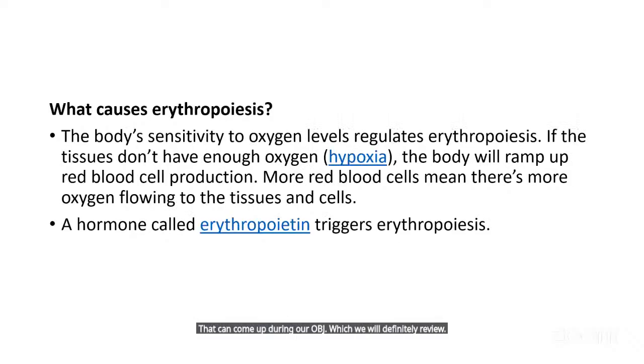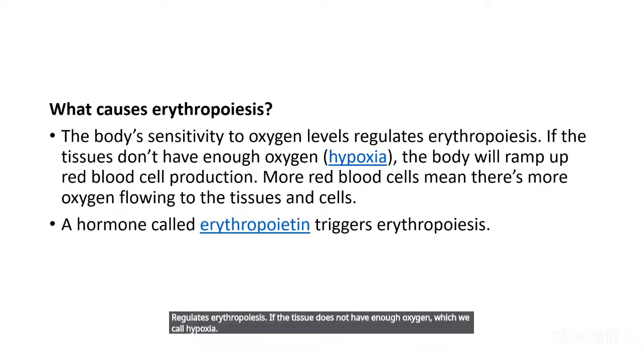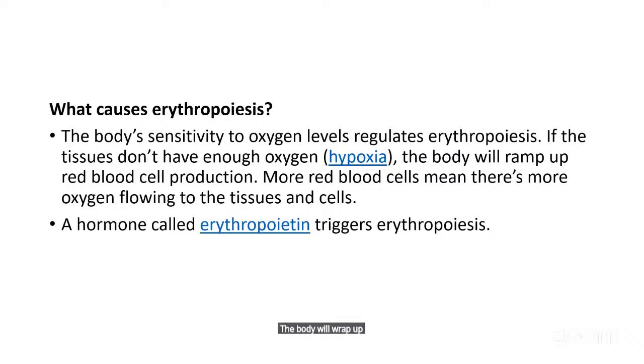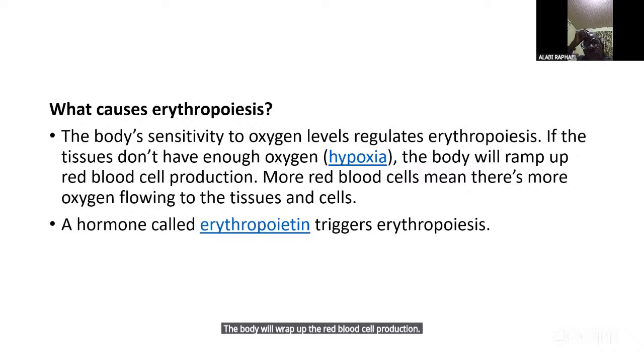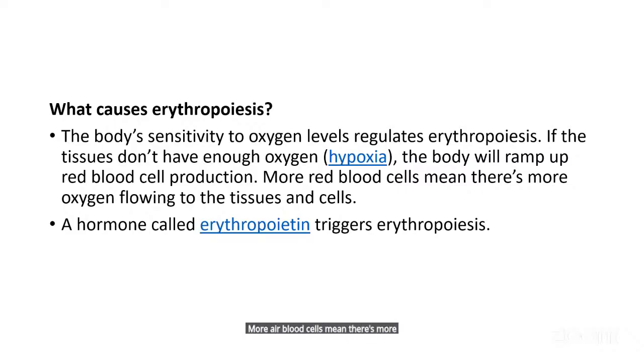What causes erythropoiesis? The body's sensitivity to oxygen levels regulates erythropoiesis. If the tissue does not have enough oxygen, which we call hypoxia, the body will ramp up red blood cell production. More red blood cells mean there's more oxygen flowing to the tissues and cells.